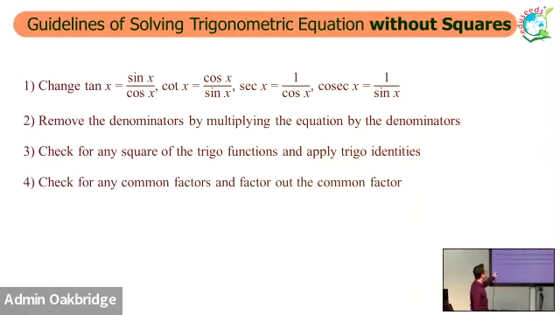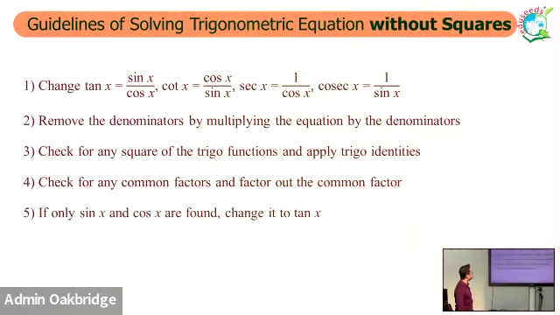Then you go for this one: check for any common factors and factor out the common factor. These are the guidelines also. And then number 5, if only sine x and cos x are found, then you should change this to tangent x. Just solve for the tangent x.